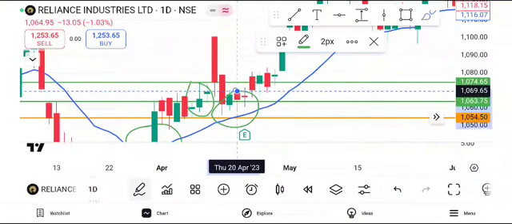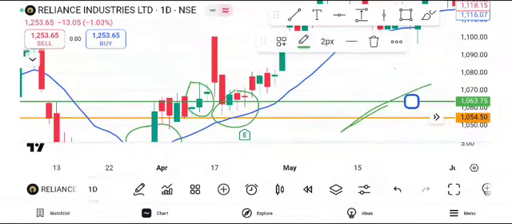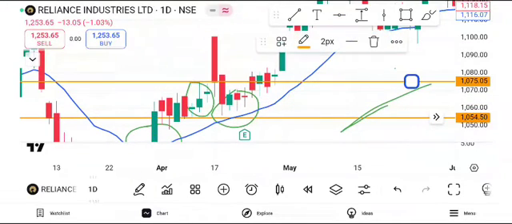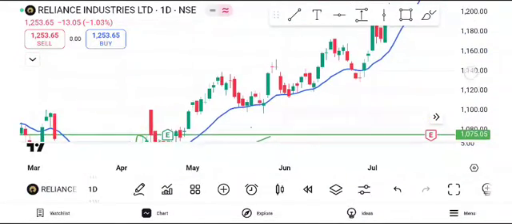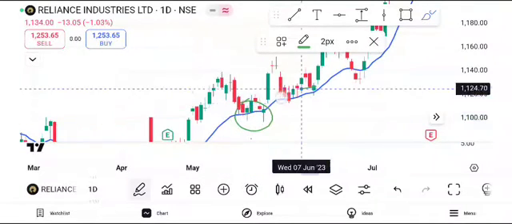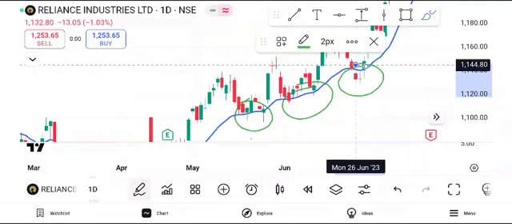Again it goes above, it moves like a rocket. See the move, here also we can average it. This averaging is nothing but pyramiding, where whenever the 20 MA gives support, we will take an entry.